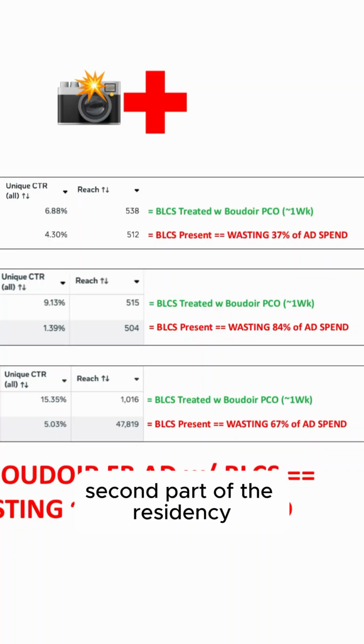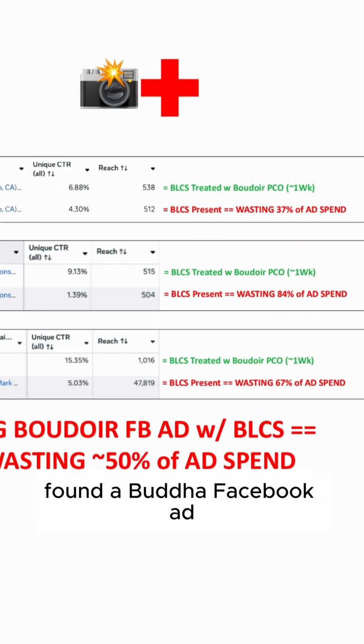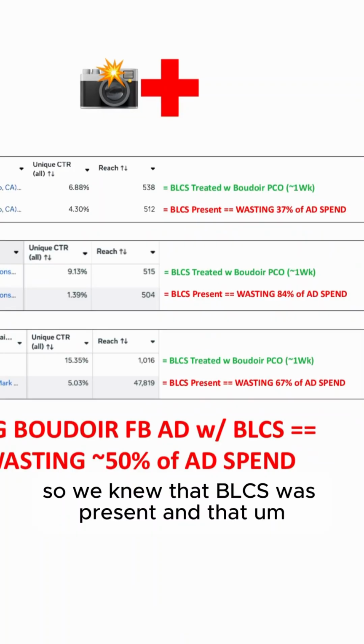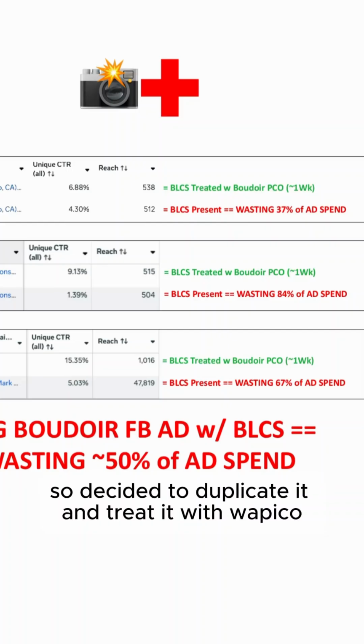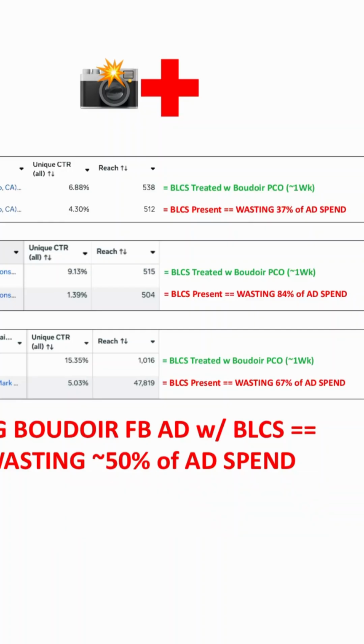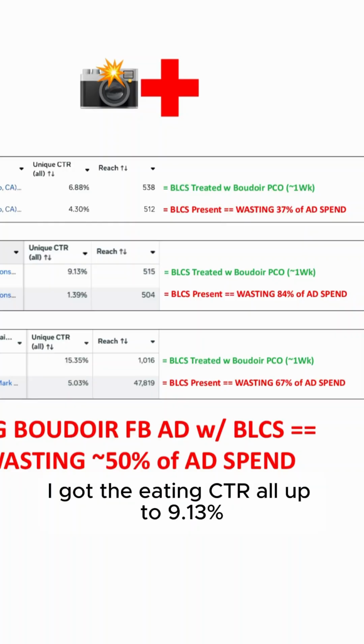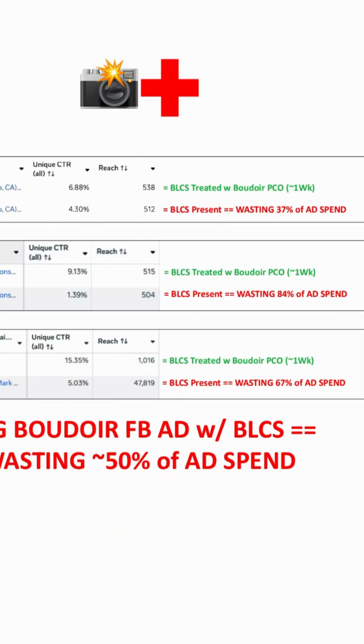Second part of the residency, found a Boudoir Facebook ad that had 1.39% unique CTR all. So we knew that BLCS was present, and so decided to duplicate it and treat it with Boudoir Pico. Takes about a week. I got the unique CTR all up to 9.13%.